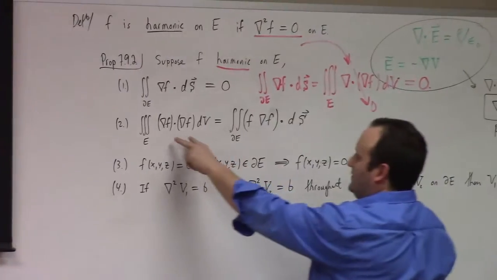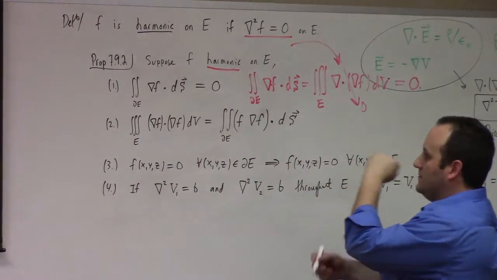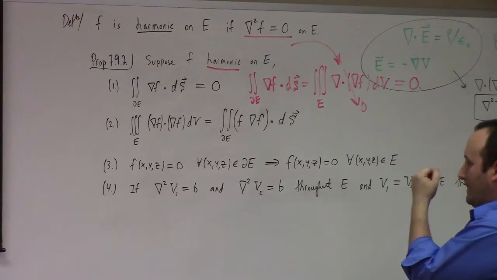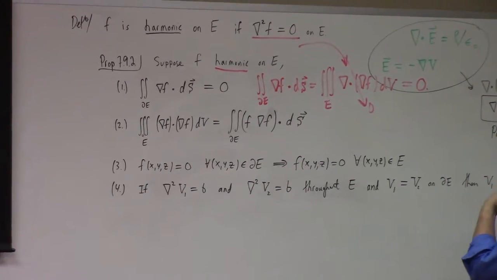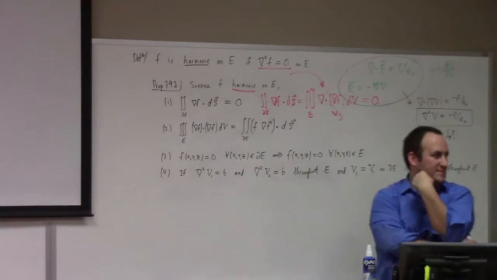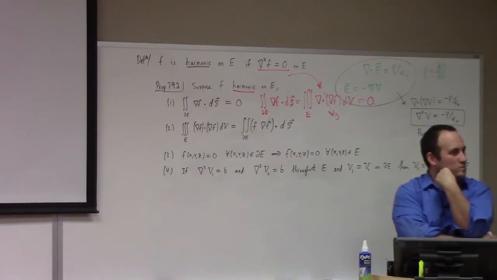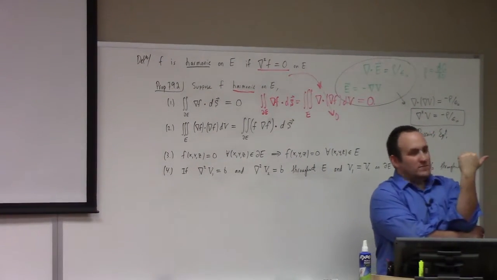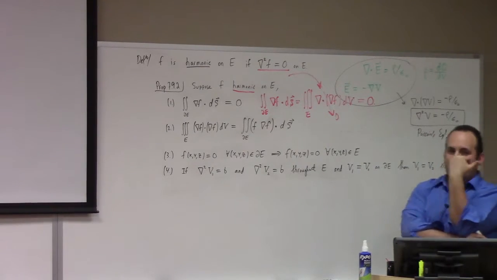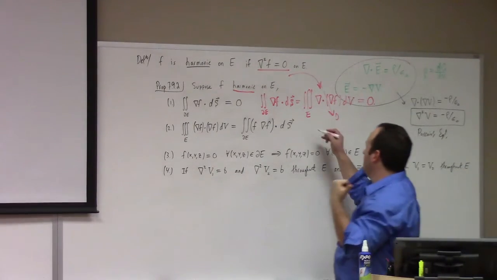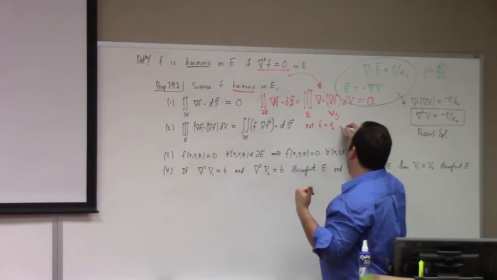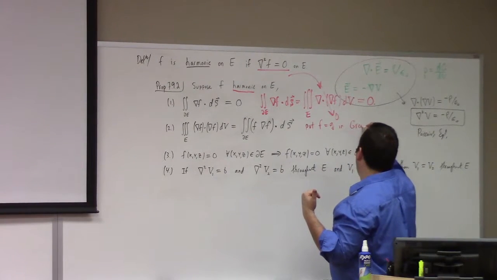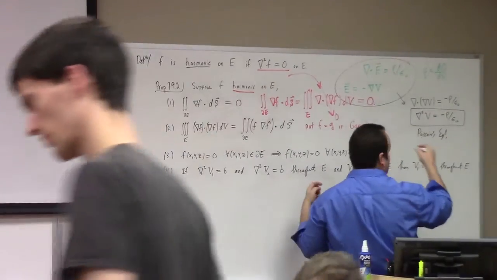This one, what does this look like? What's at play here? It's the divergence theorem again. What if I put f equals g in Green's first identity?